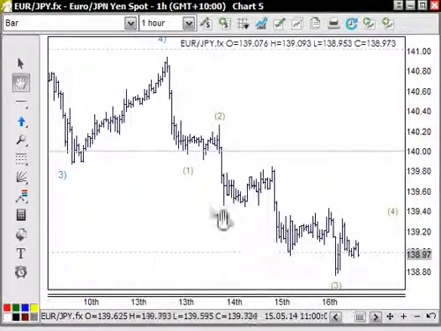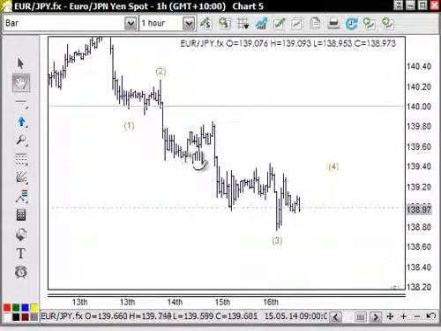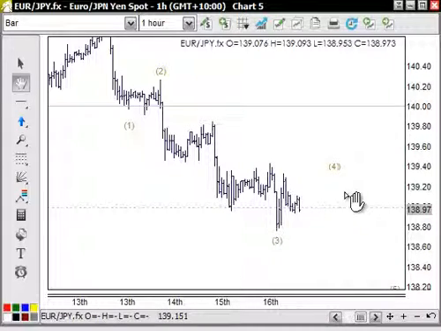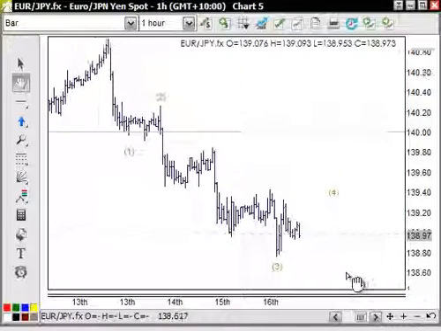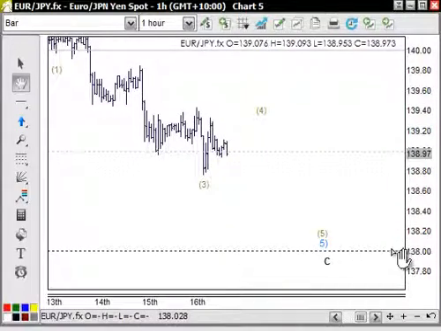Because we're counting this down as the 1, the 2, the 3, the 4, and the 5 to here, then we've got this move here, so this really brings it out to being a third wave in here. So some type of fourth wave correction across here, and then a fifth wave down through to here, which should be about the same length as wave 1, which will bring us into the 138 area through here.